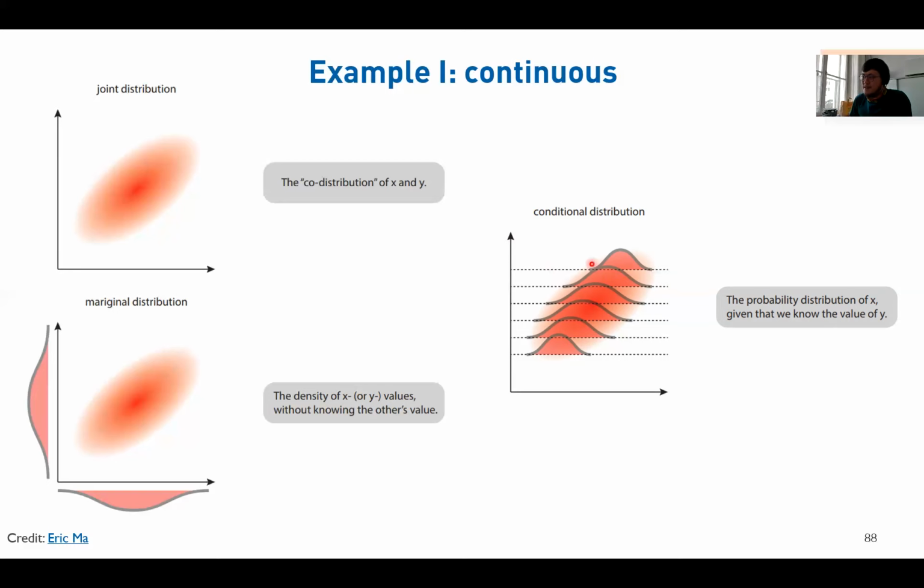So this curve at the very top is the conditional probability of x given y equals this value. And if I move down to here, that's the similar idea. Here, that shows the conditional probability distribution given y equals this number. And same if I go here, that means the conditional probability of x given y equals this, and so on and so forth, right? The last one basically means the conditional probability of this given y equals this, okay?